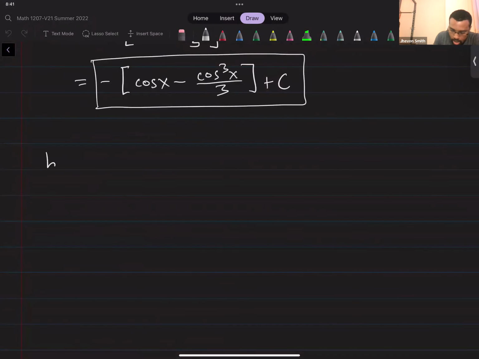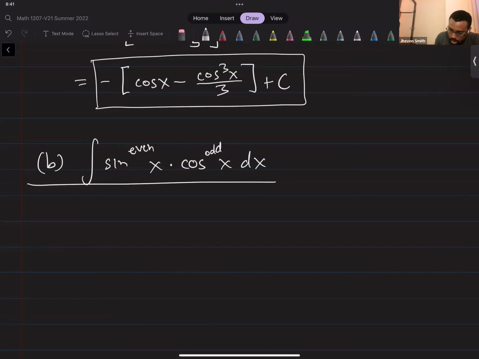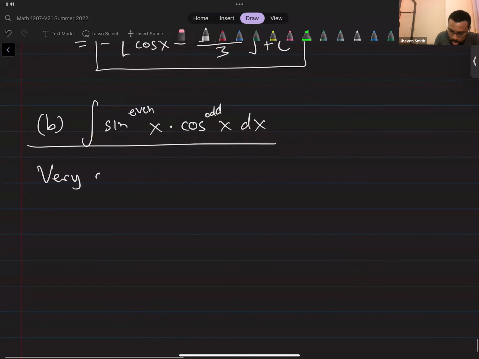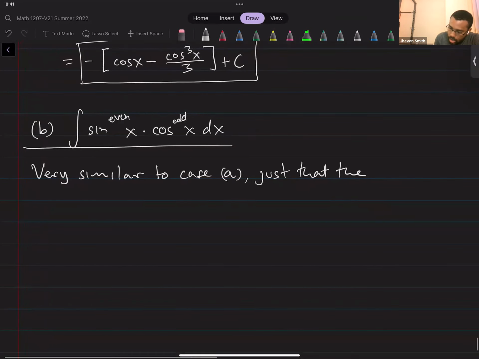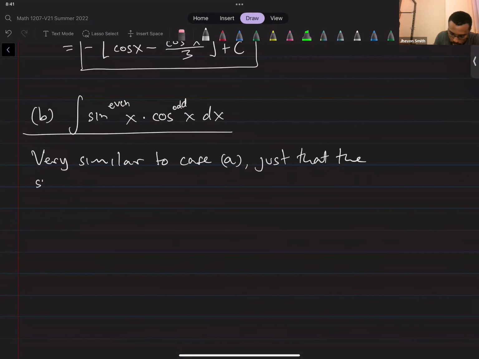For B, when you have the integral of sine to an even power times cosine to an odd power, this is very similar to case A. Just that the sines and cosines switch roles.